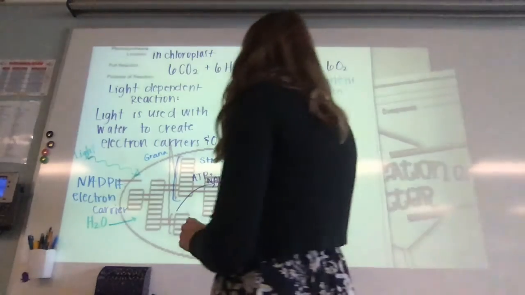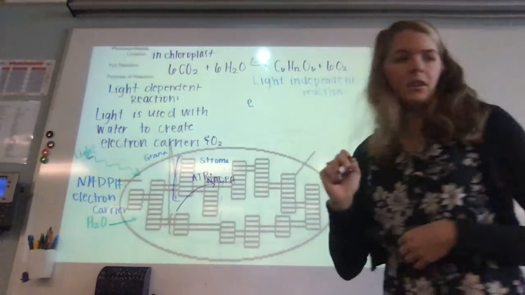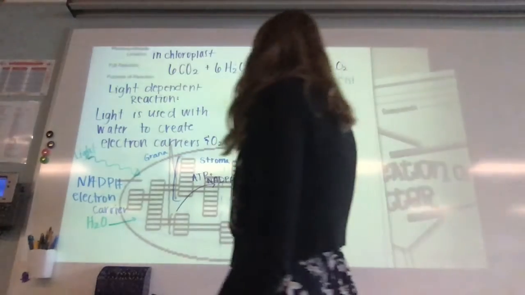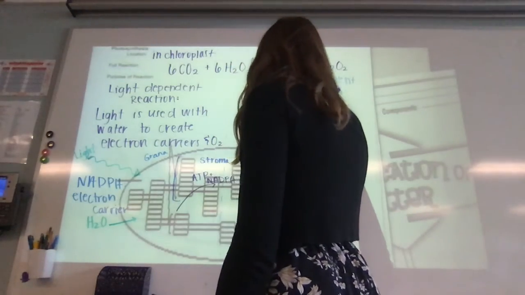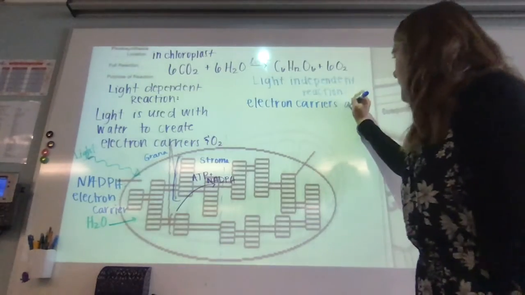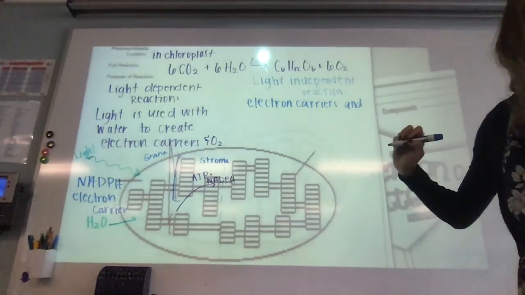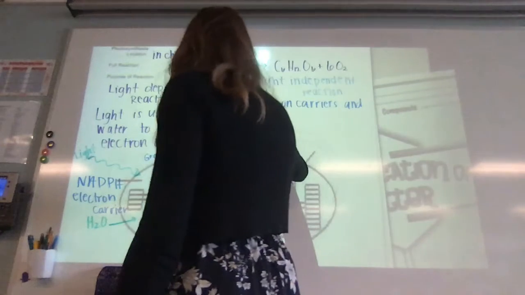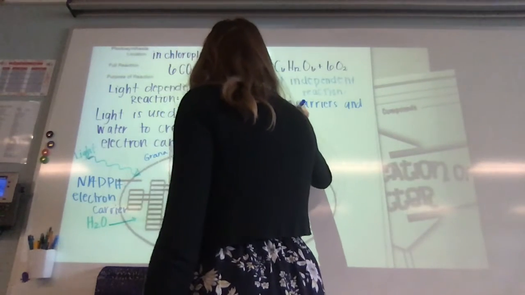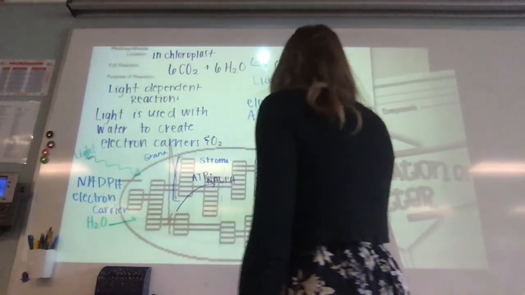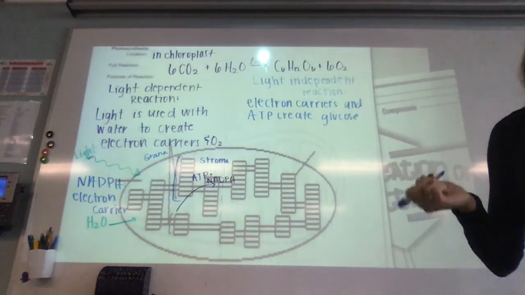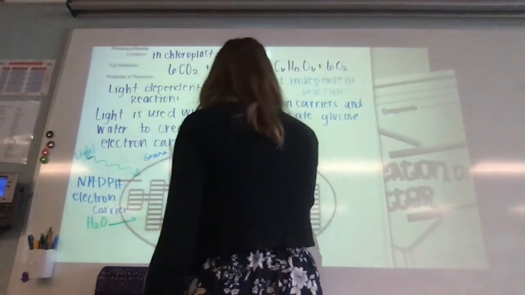What happens here is that we're using the products of the light-dependent reaction, the electron carriers and the ATP, to create glucose, which is sugar, using the carbon from CO2.